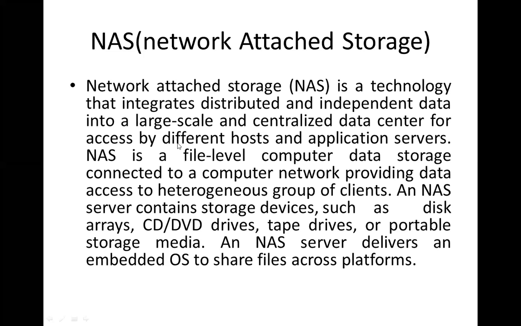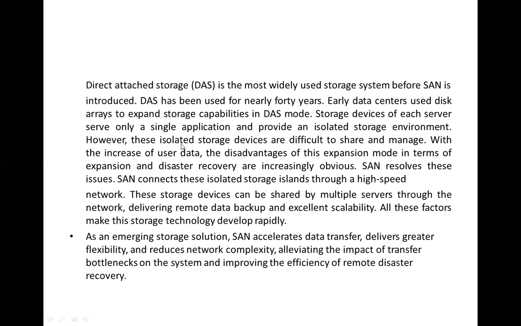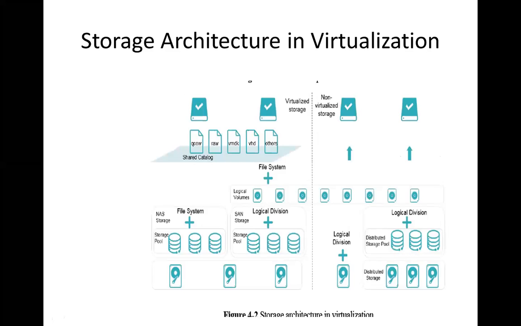I'll show you the diagram here of how this SAN and NAS differ. You can see we have discussed this SAN, storage area network. Now we are discussing this network attached storage, and this is basically a file system concept that is working here.